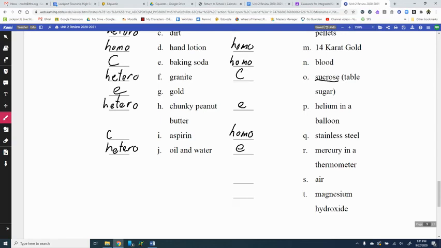It is made of oxygen, nitrogen, carbon dioxide, and trace other elements. Those are not bonded together, but you cannot see them, so that is going to be a homogeneous solution. Magnesium hydroxide, it has magnesium, that's one element. Hydroxide, that's a polyatomic ion, so that is going to be a compound.